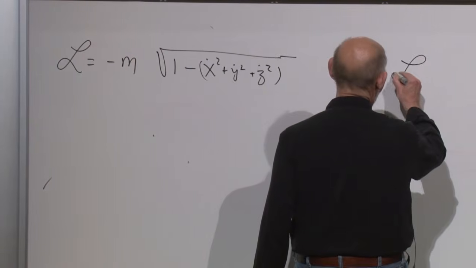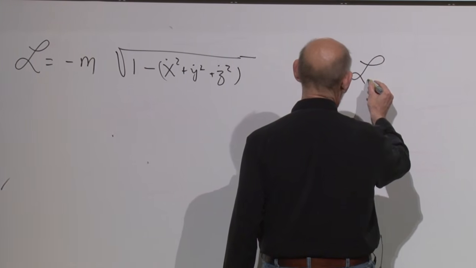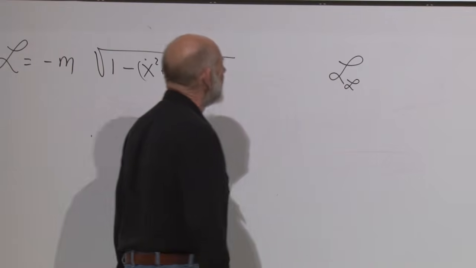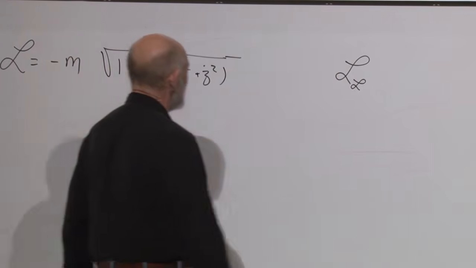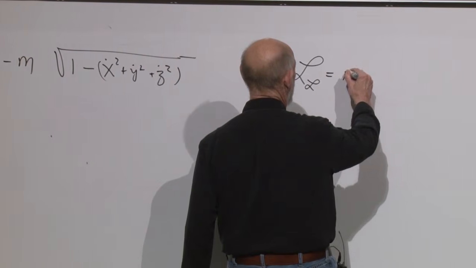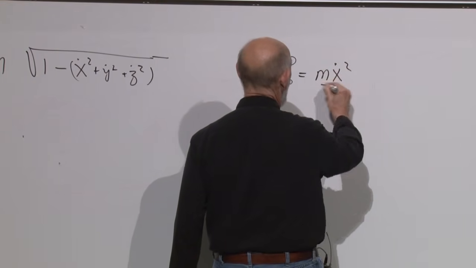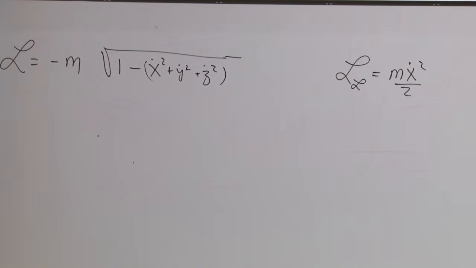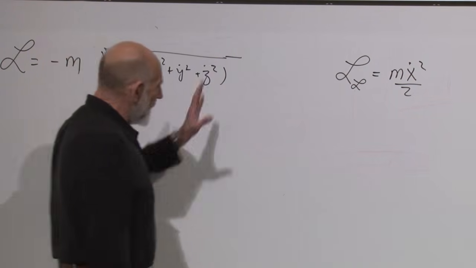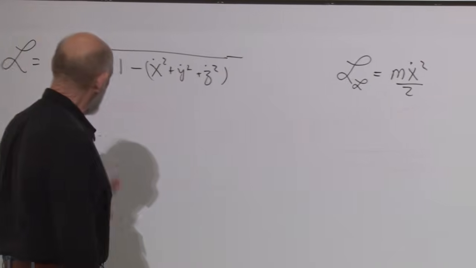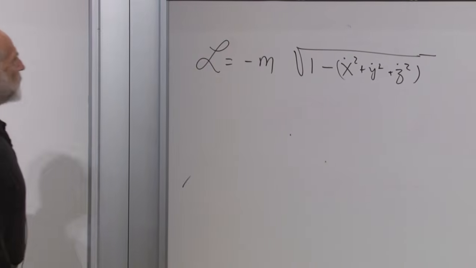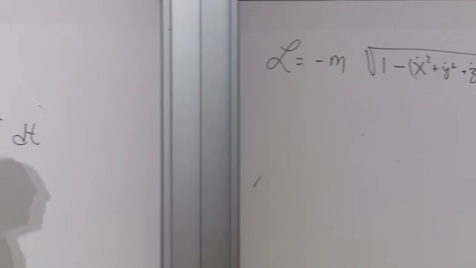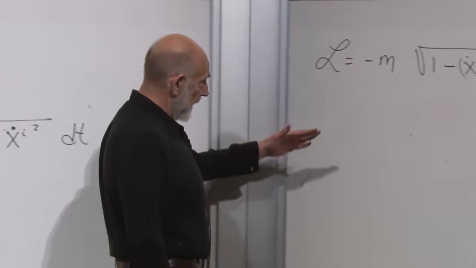The Lagrangian of Lagrange, L sub L, was just m x dot squared over 2, 1/2 m v squared, where x dot squared does mean x dot squared plus y dot squared plus z dot squared. This is the Lagrangian Lagrange would have written down. This is the Lagrangian that a relativistic version of Lagrange would have written down.